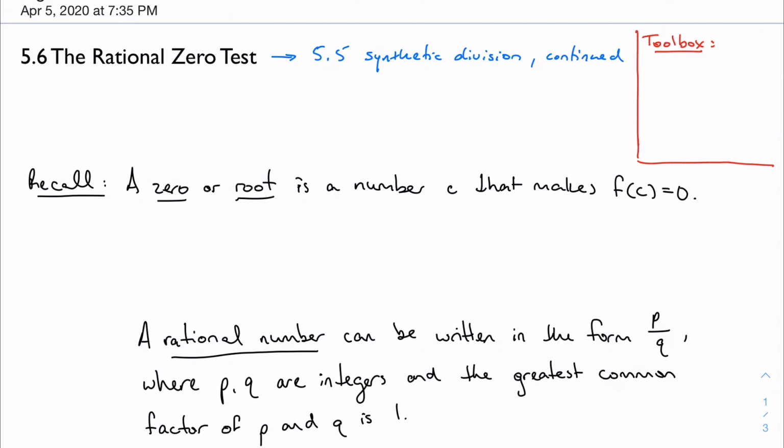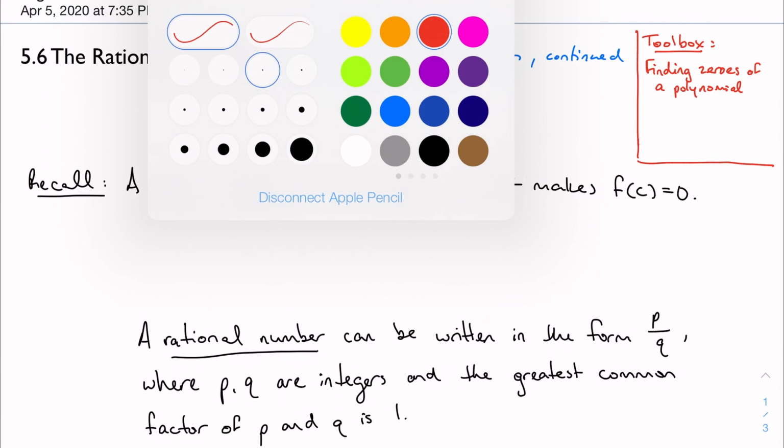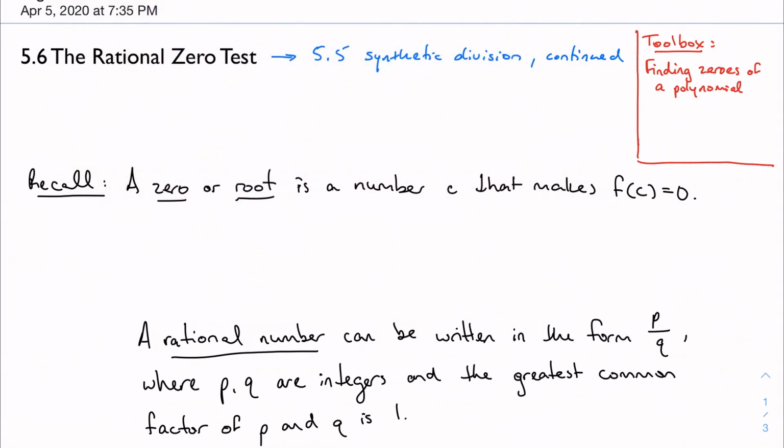If we think in terms of what is this skill that I'm trying to work toward, what is this problem that I'm trying to solve? In our case, our problem is finding the zeros of a polynomial. One of the tools we already have at our disposal for that is synthetic division and the factor theorem.